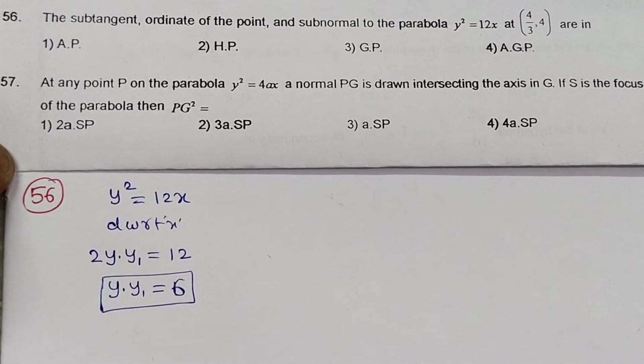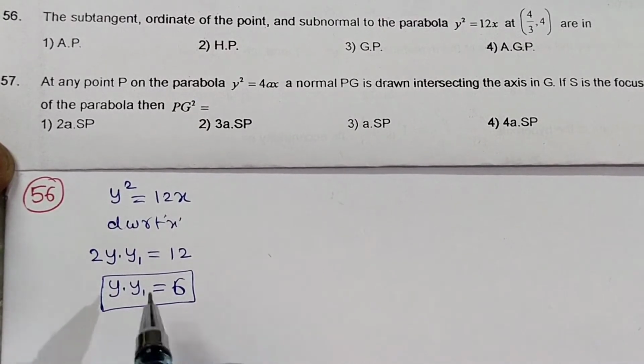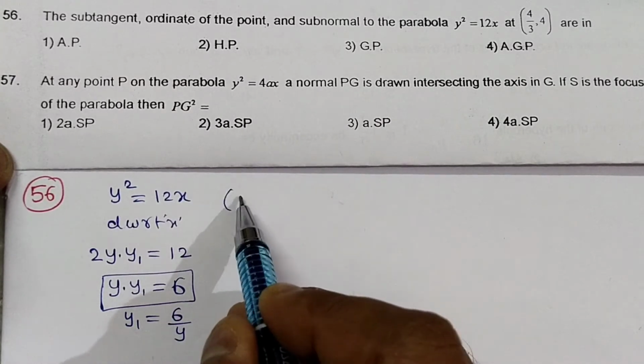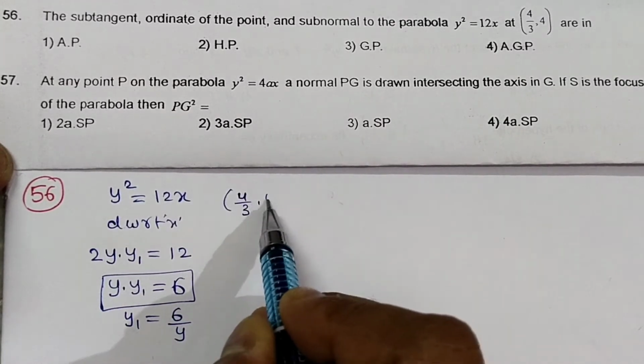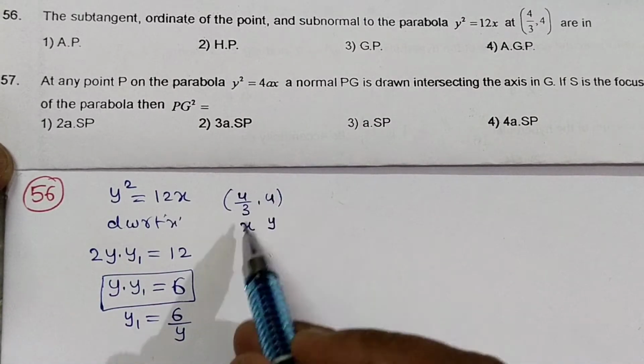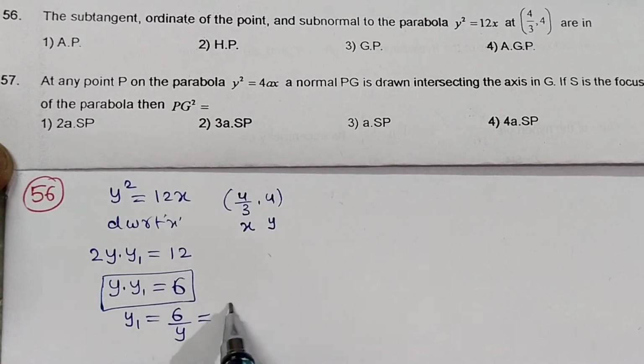From this y1 is equal to 6 divided by y. Given point is 4 by 3 comma 4. This is abscissa, this is ordinate. Y value is 4, x value is 4 by 3. Substitute here 6 by 4 which is equal to 3 by 2. So dy by dx, y1, is equal to 3 by 2.